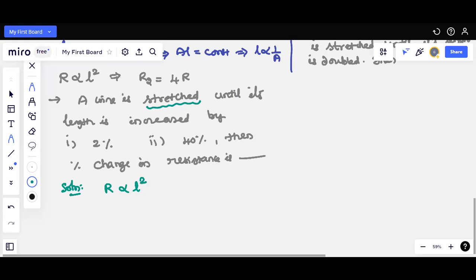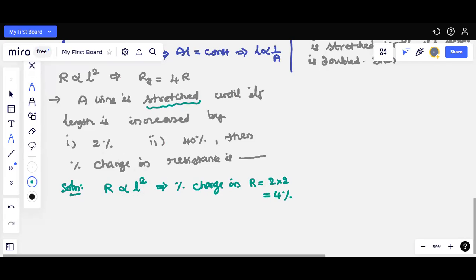Small percentage, length percentage given 2%. Its power is 2, so 2 into 2, 4%. Directly I write percentage change in R is equals to power, that is 2, into percentage change in length 2%, 2 into 2, 4.